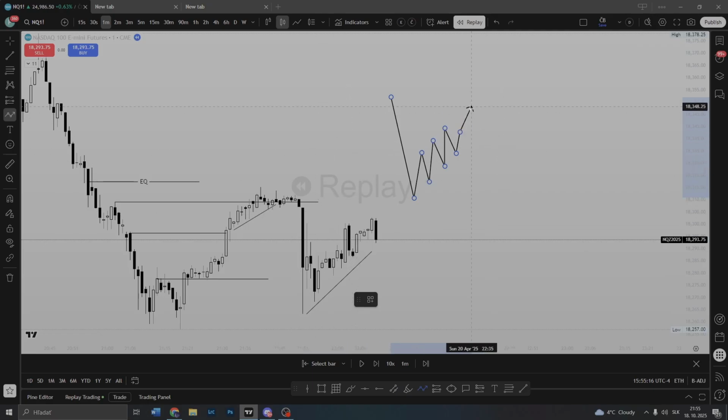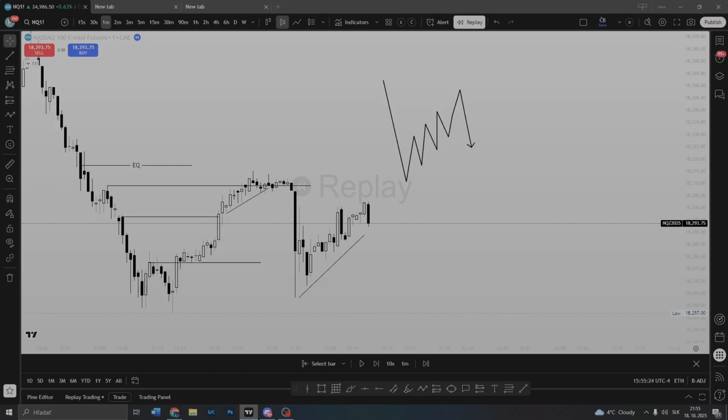We will have turtle soup inside of it, and then we'll have a strong closure below the last structure low. And that's something that I'm looking for right now. So right here, I would like to see us closing strongly below this candle low for me to take short. Okay, not happening right now.